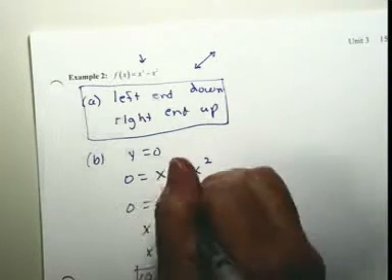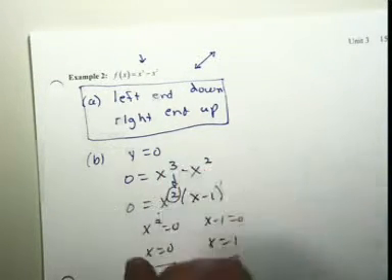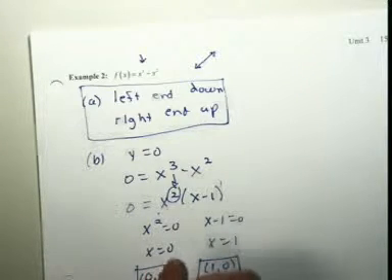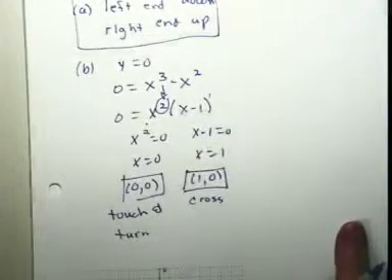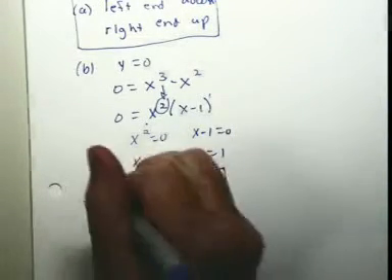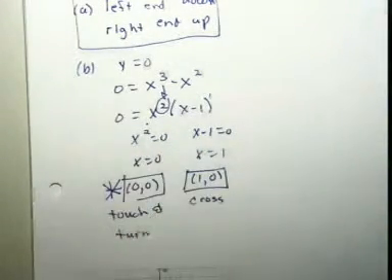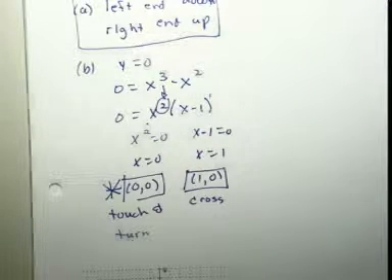But the 0 occurred 2 times, so it's what we call touch and turn. So I'm going to make sure I'm very careful with the point 0, 0. I touch that point, but then I turn around.